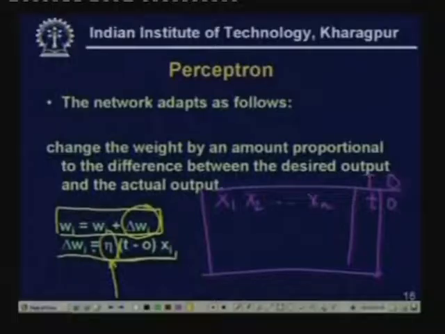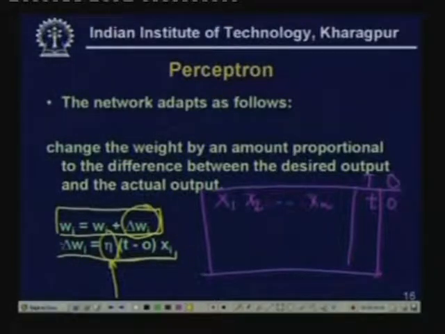The target is 1, O was 0. So, if the value of the output increases, it will go towards 1 if Xi is positive. If Xi is negative, then delta Wi will be negative, and then it will go towards the negative direction.